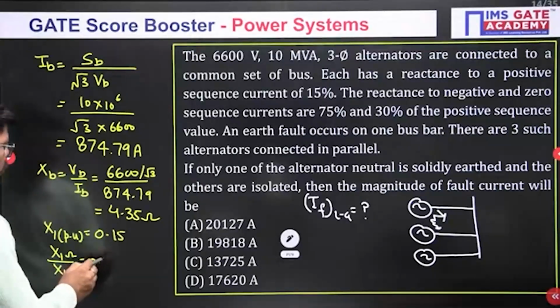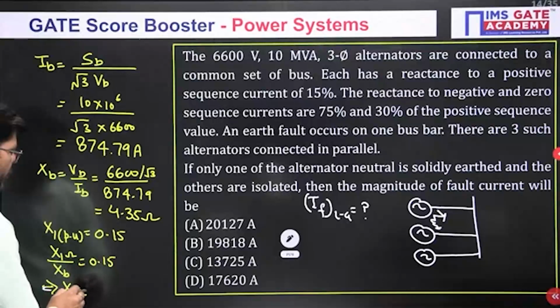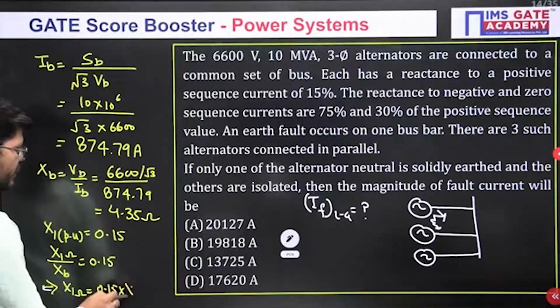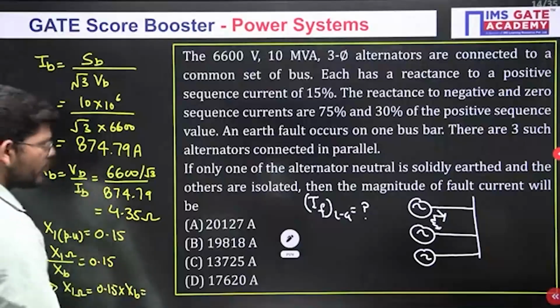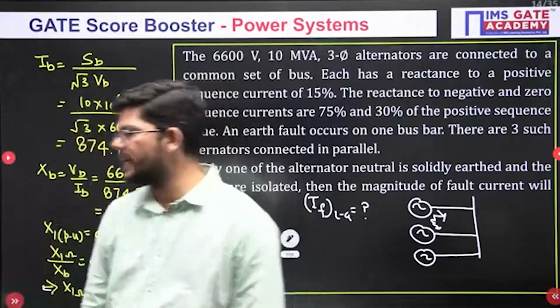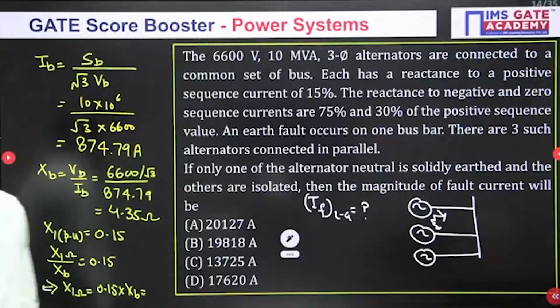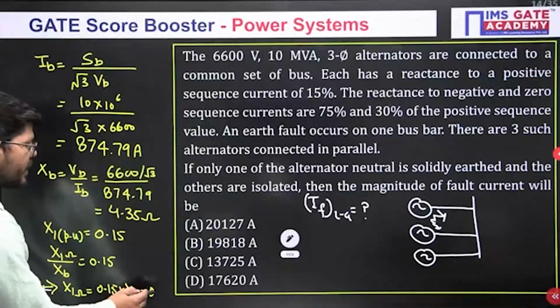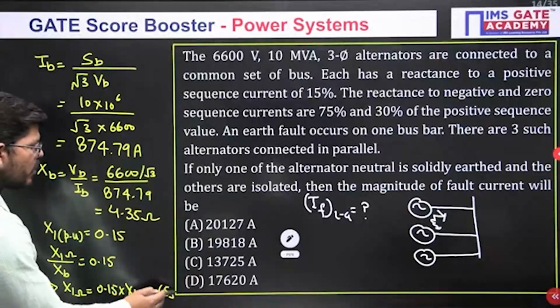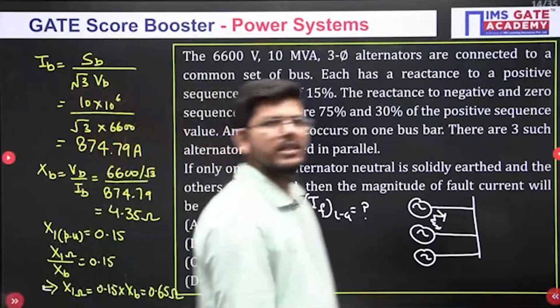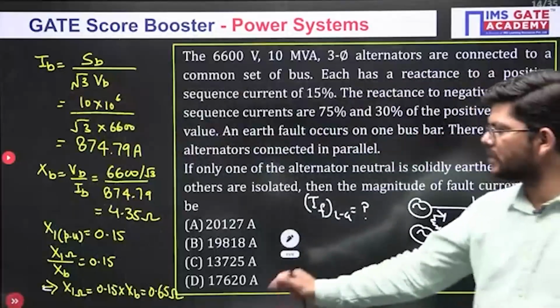This is equal to 0.15. So can you tell me what will be the X1 value in ohms? It will be 0.15 into X base. Okay. Now when you put the value of X base, which you have already calculated, you will get X1 equal to 0.65 ohms.